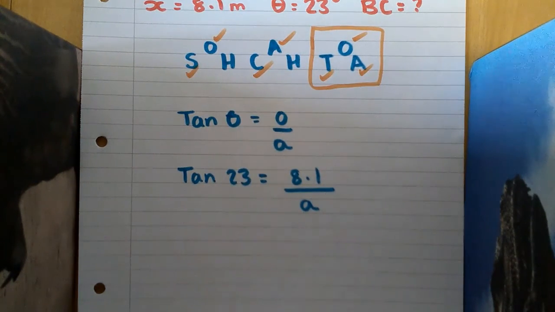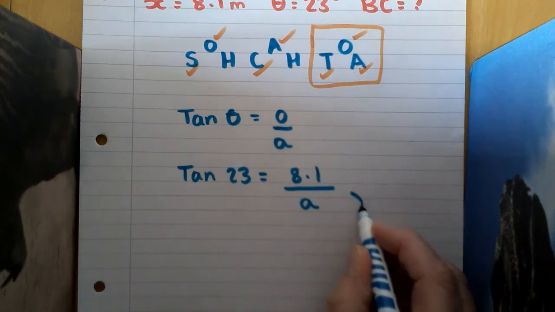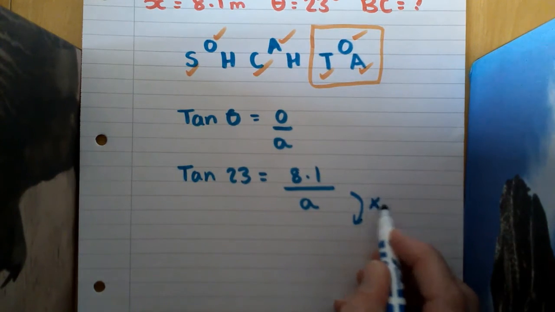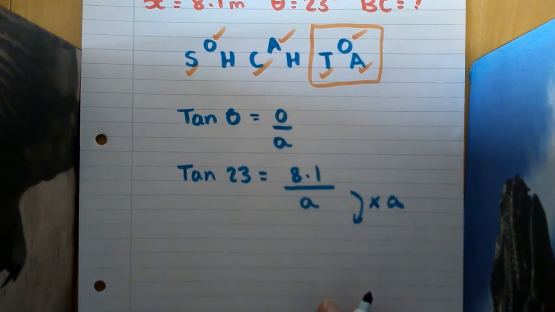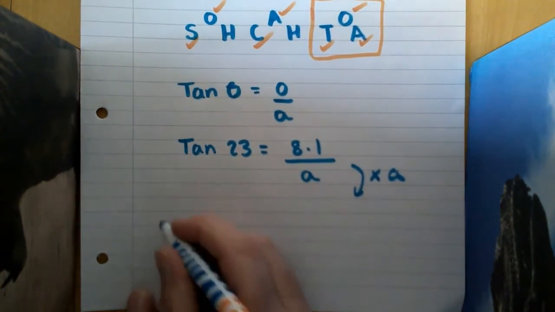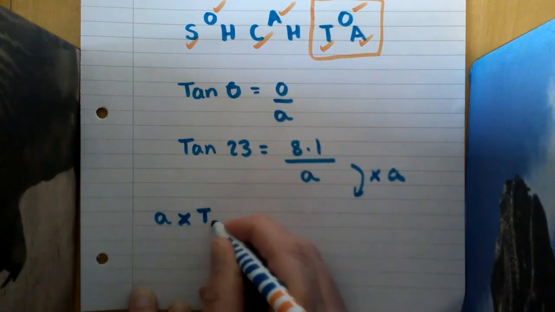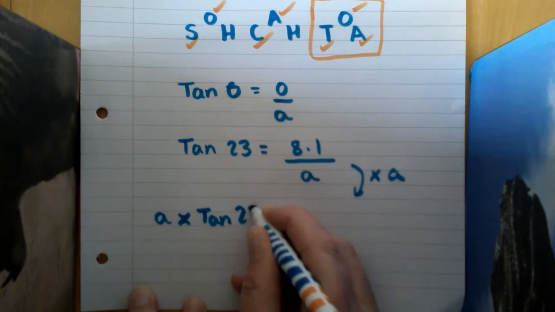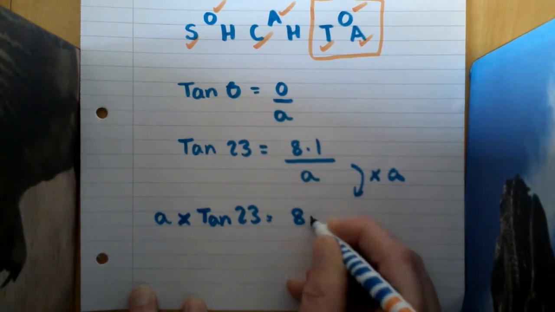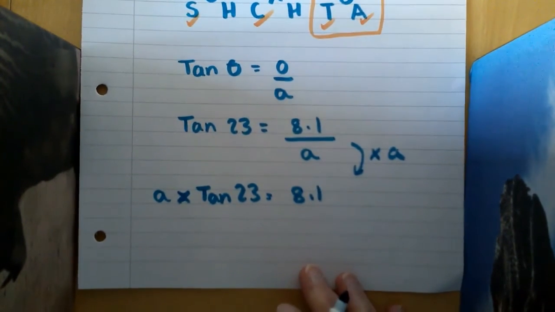Okay, now I think it's here where things get a little bit tricky, because what I'm looking for is the denominator of a fraction. So the subject, what I want to get on its own, is A, and that's in the denominator of the fraction. So first of all, I've got to get rid of that A from the denominator. And I do that by multiplying both sides by A. So I end up with A times tan 23 is now equal to 8.1.